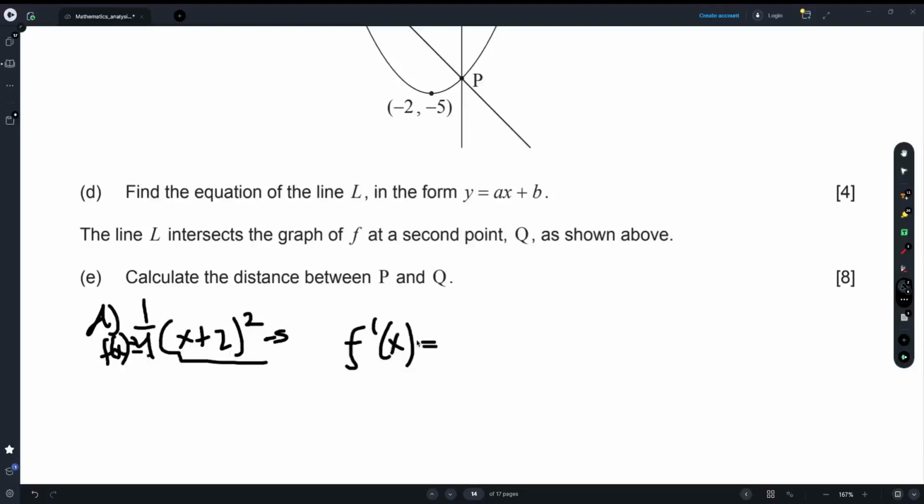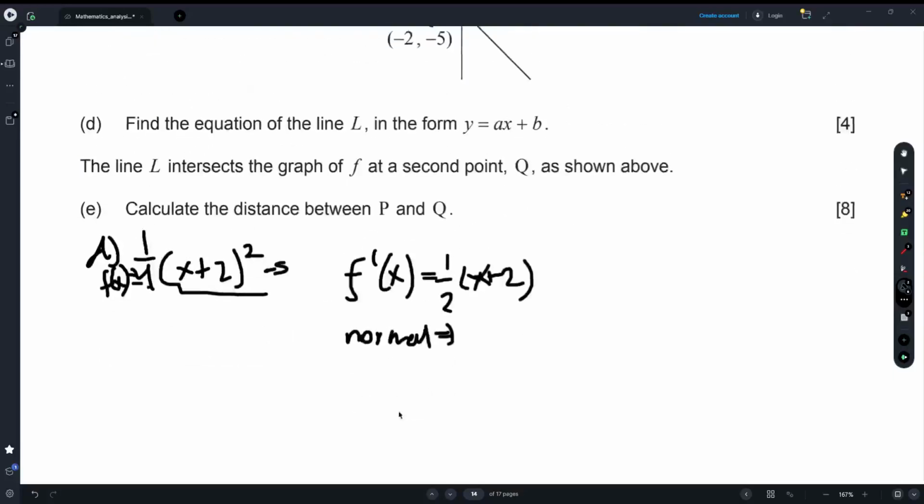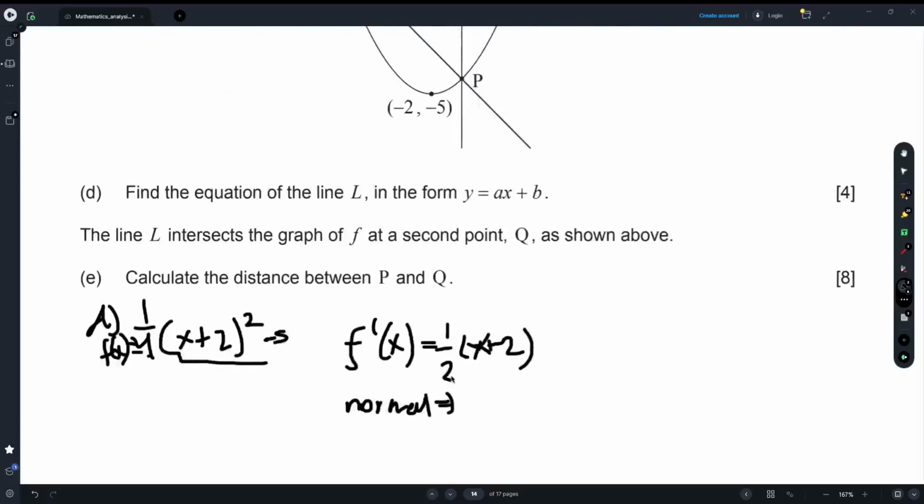So this just becomes a half times x plus 2. Perfect. So this is our derivative, and to get the normal, it's just going to be the negative reciprocal of this.